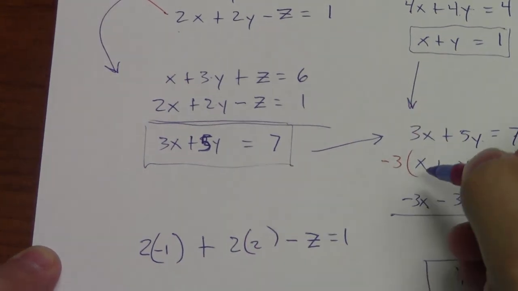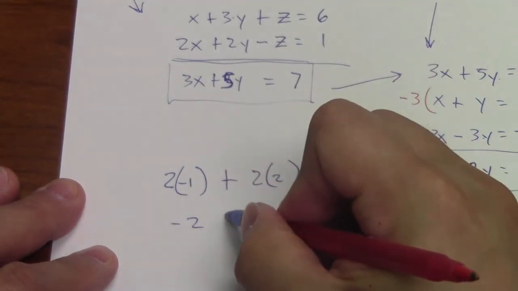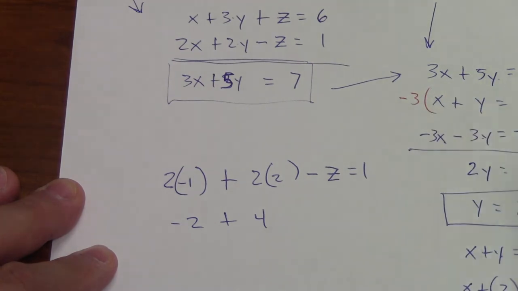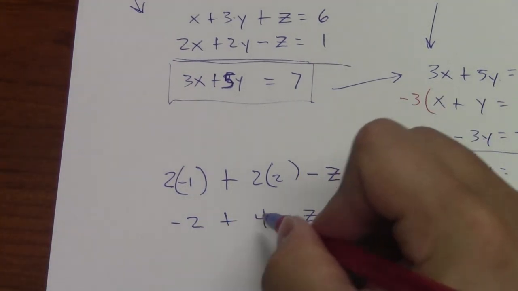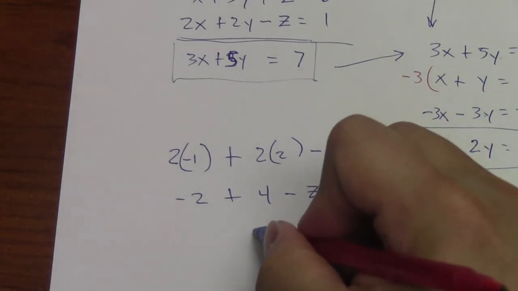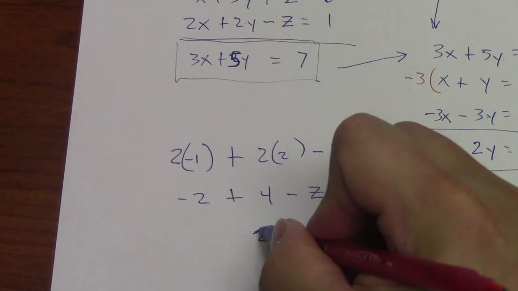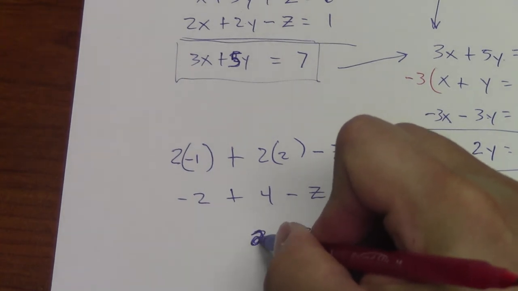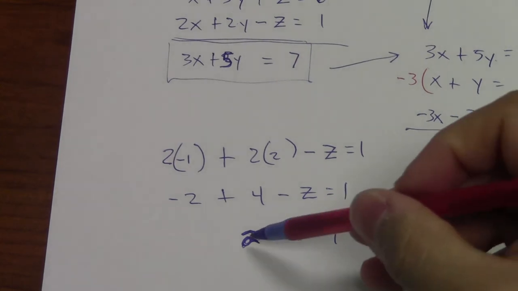All right, so let's go ahead and solve for that one. So 2 times -1 is -2, plus 4. That's 2 times 2, minus z equals 1. So here I've got 2 minus z equals 1. Let's make that a better 2. Sorry about that. There we go. So now I can start solving for it.